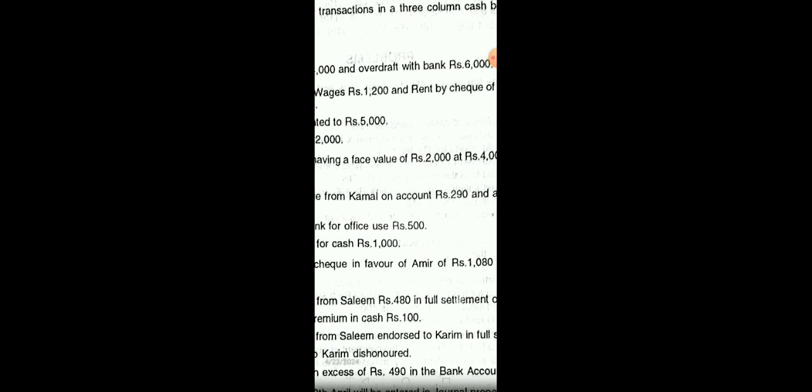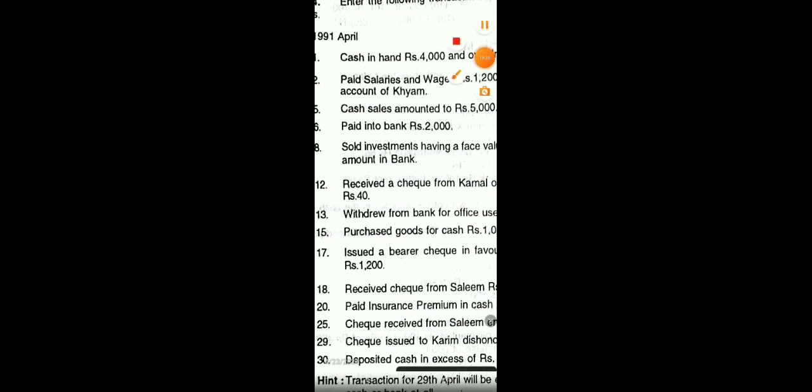Sold investment having face value 2,000 at rupees 4,000 and deposited the amount into the bank. Okay, what you will have to observe is that you have sold your investment. One thing first, you are losing your investment. Investment is going out where you have sold it.